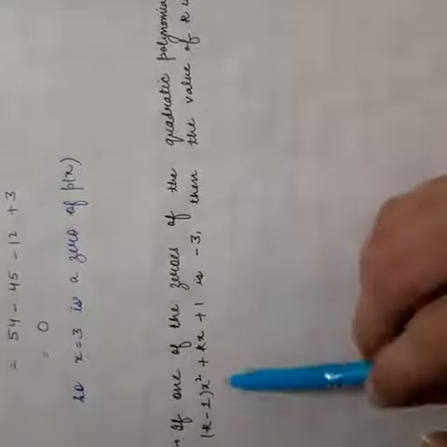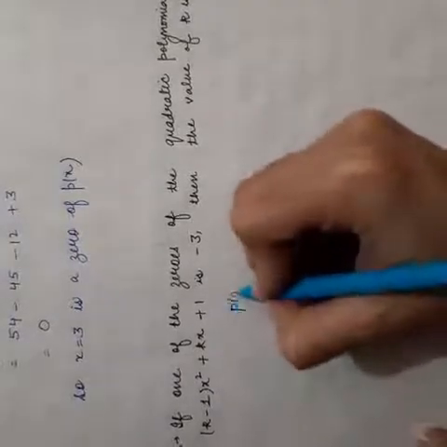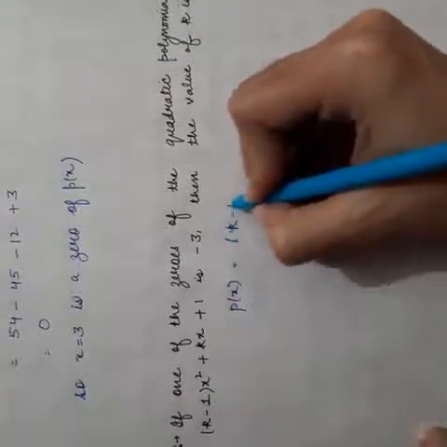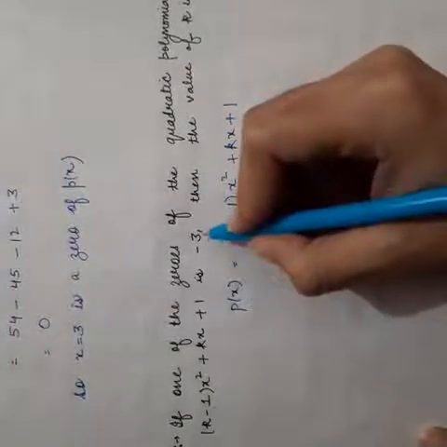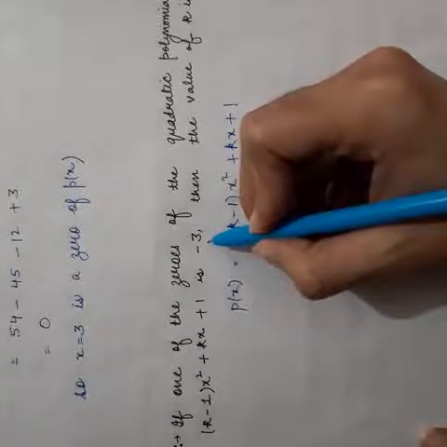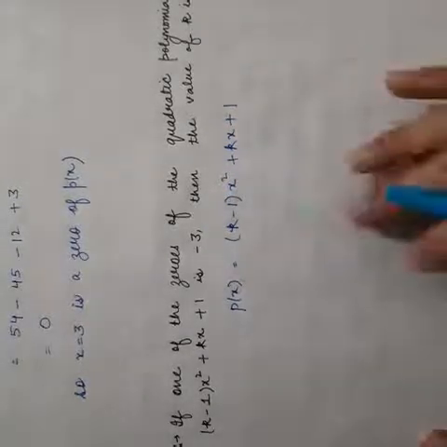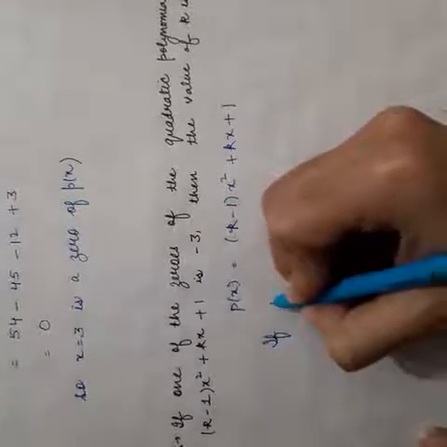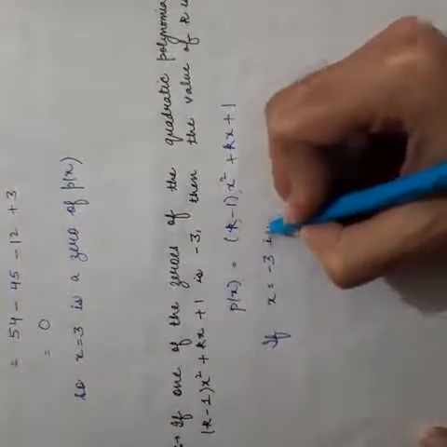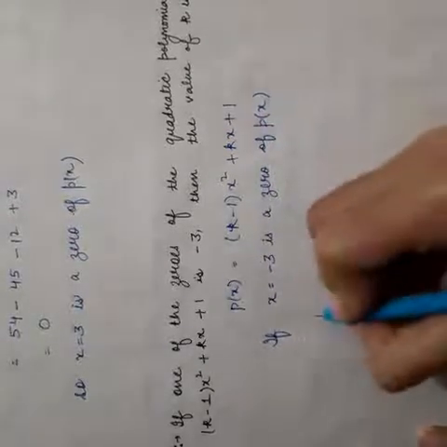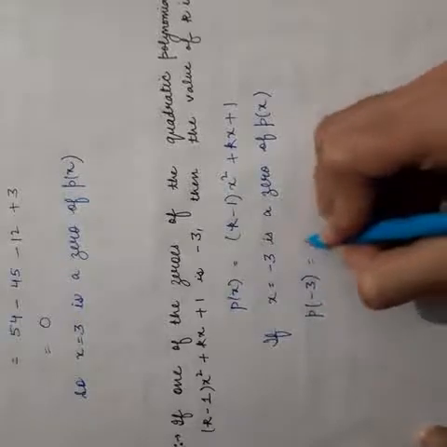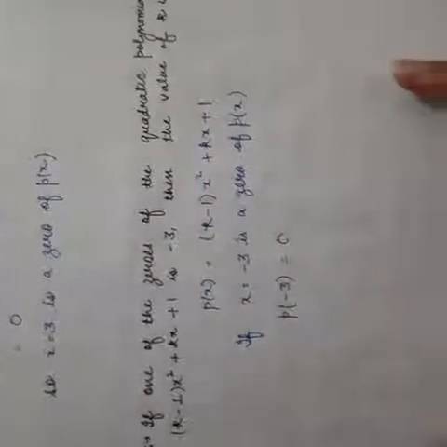Similarly, we have one more question based on this concept. It says, if one of the zeros of the quadratic polynomial is given to you. Let us write this polynomial first. One of the zeros of this polynomial is given to be minus 3. Now he has already given that minus 3 is the zero of this polynomial and you need to find the value of k. Now if x is equal to minus 3 is a zero of the polynomial, put minus 3 in the polynomial, you should get 0 because it is a zero.